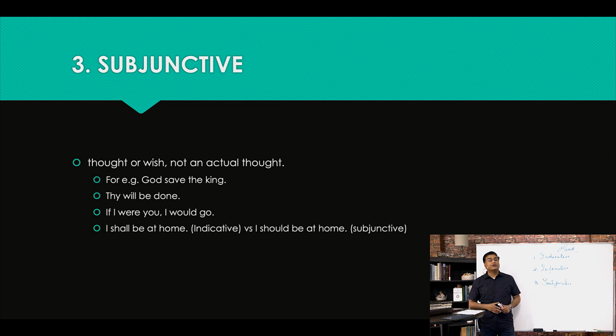So, God save the king would be subjunctive. I mean, you're not saying God saved the king or God is saving the king, then that would probably fall under indicative. Okay? If I were to say, God save the king, as a command, then it would be imperative. Subjunctive is the way we typically think about that. God save the queen or God save the king. It's more a wish.